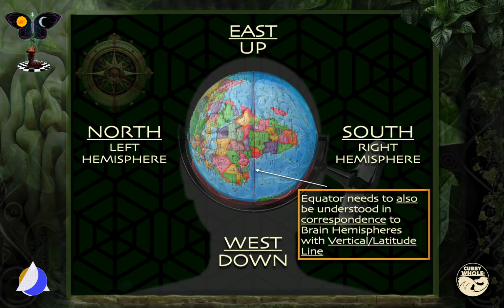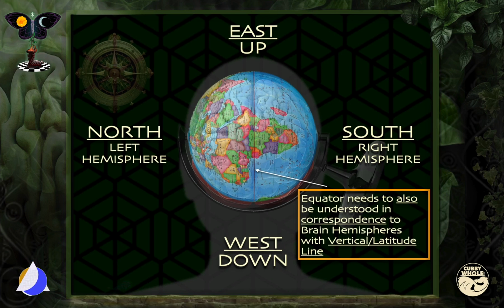As you can see, the equator is vertical. So it needs to be understood in correspondence to the brain hemispheres, with the vertical line being the latitude line. So before it was horizontal, now it's vertical. So we have to understand both, okay? That's all I'm trying to help people see. And this is what we're not taught in public schools.